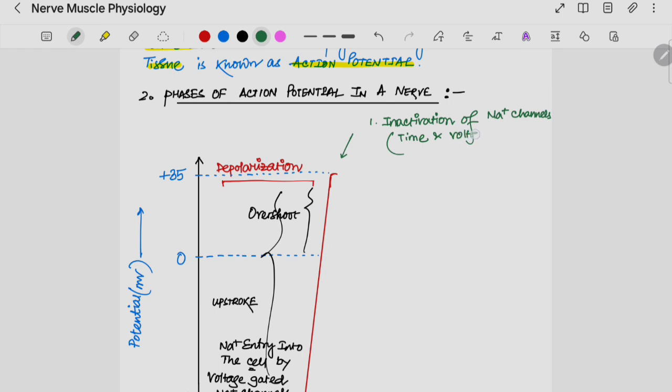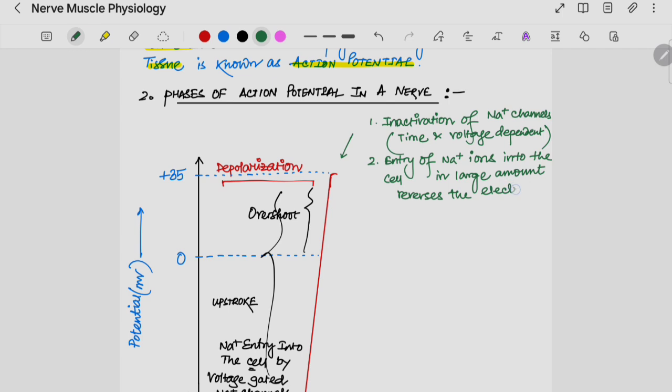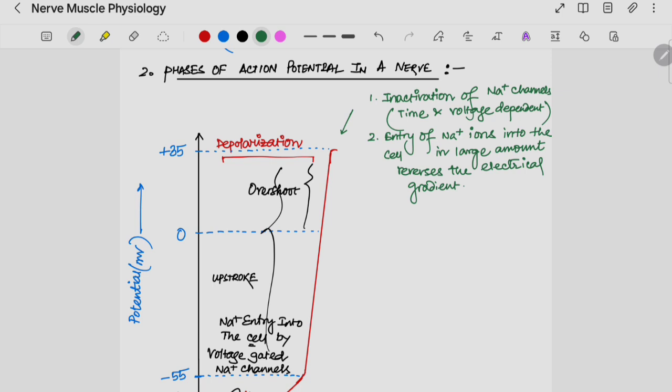Secondly, entry of sodium ions into the cell in large amounts reverses the electrical gradient, so further influx of sodium ions is opposed.